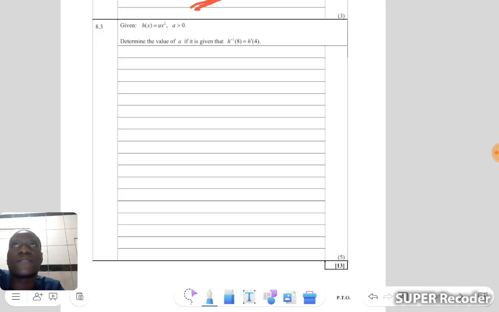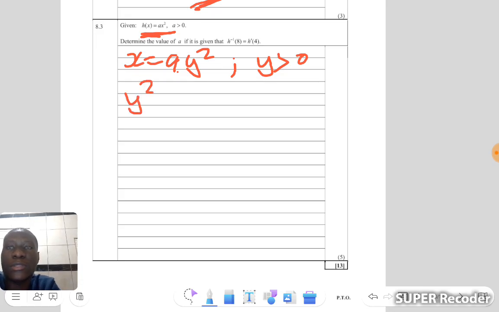Okay, to solve this is very easy. First of all, you will say x equals a y squared, but y greater than 0. You see what I did there, right? This is coming from here. I'm making y squared the subject of the formula, equals x over a, right? So our y will be the square root of x over a.